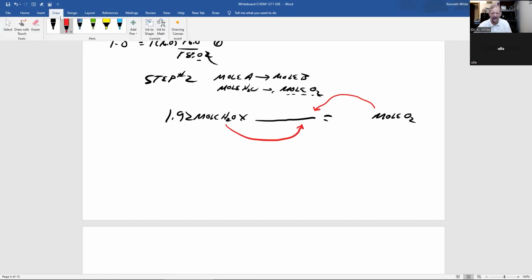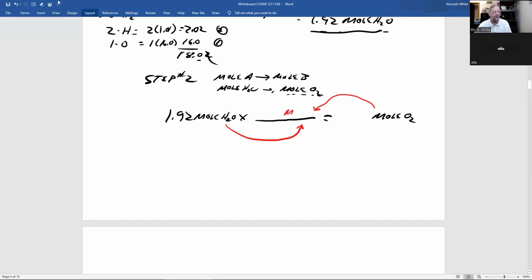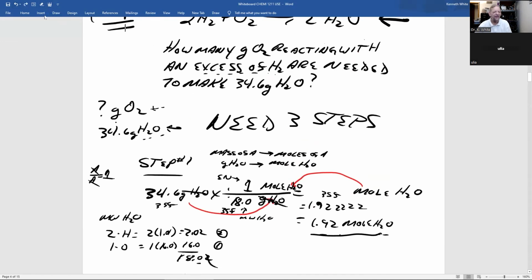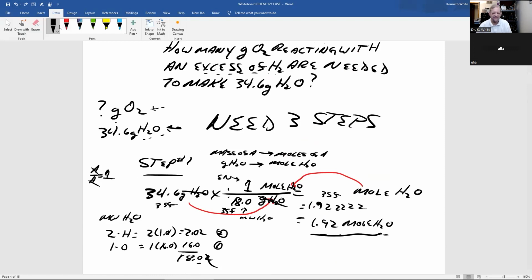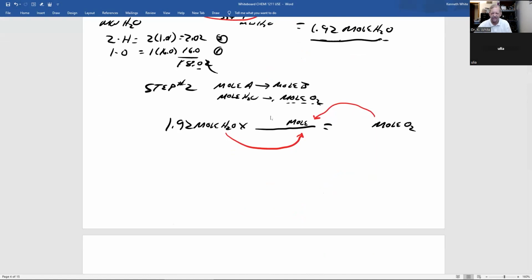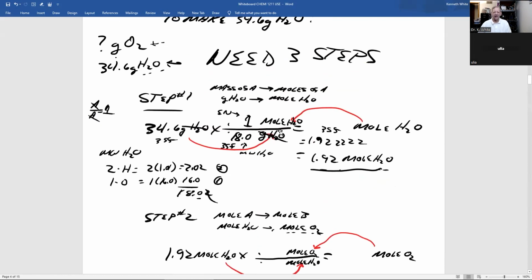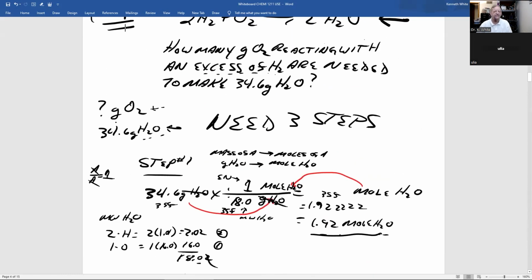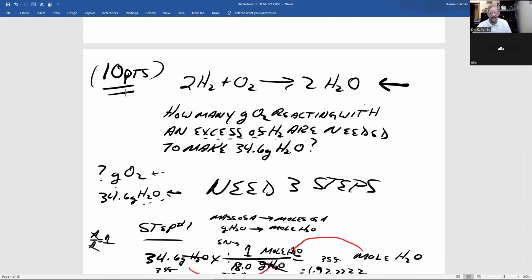And I'll write that in. Oops, wrong color. Let's try and get the right color. Now we'll do that. And on top goes moles of O2. And underneath, moles of water. Where do I get these numbers? From the balanced chemical equation, which is right up here.